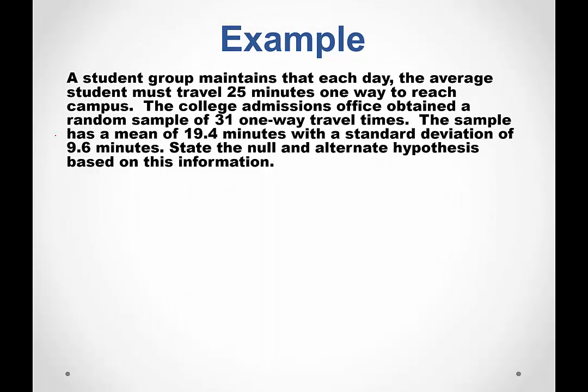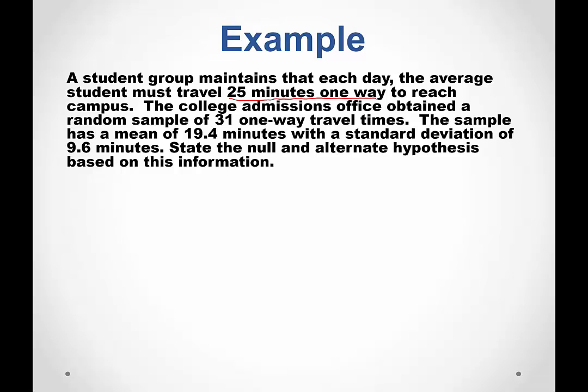On the next example, we have a student group that maintains that the average travel time of the students one way to campus is 25 minutes. Now, that's the established belief, is that the one-way travel time is 25 minutes.